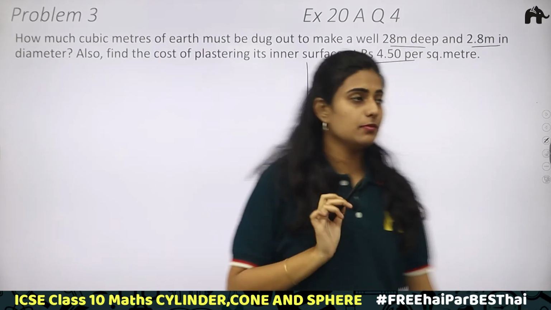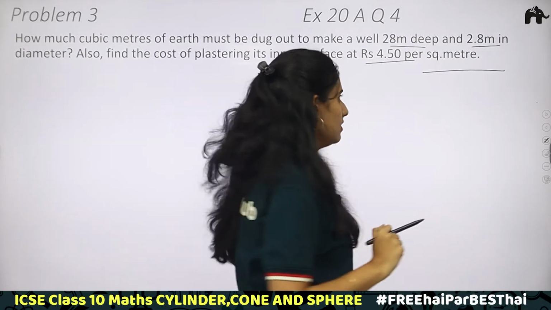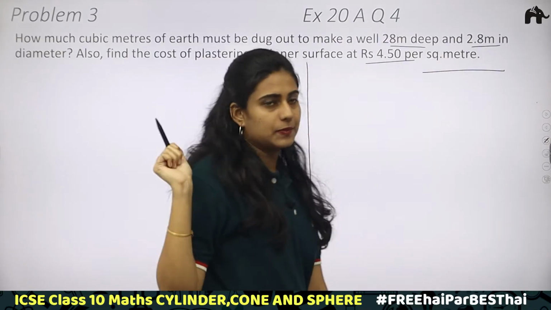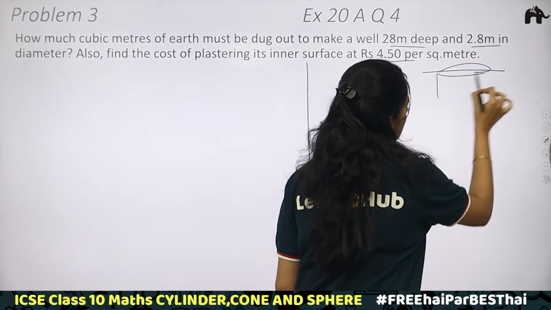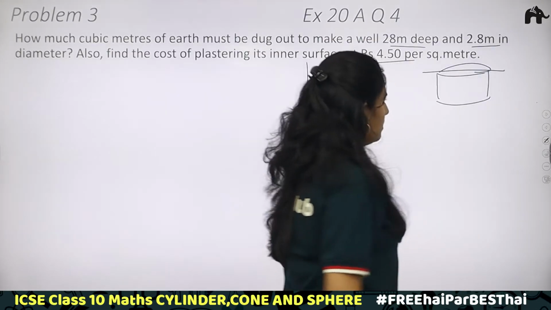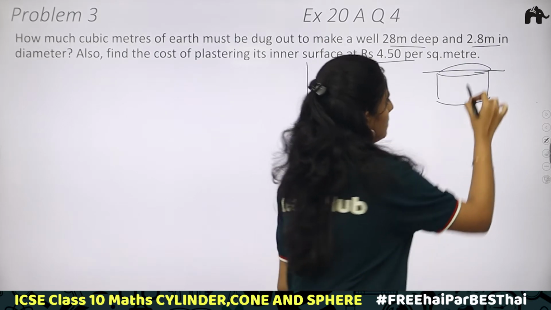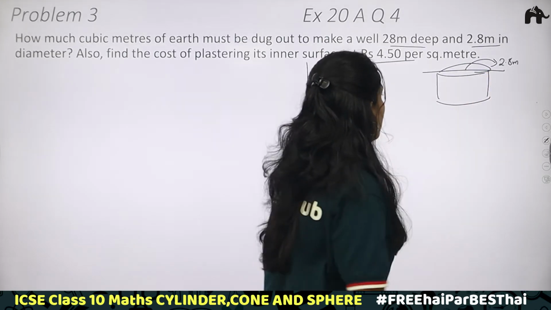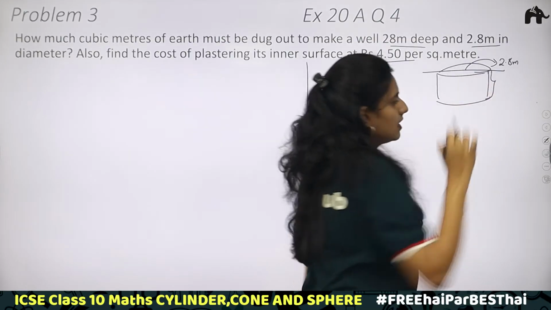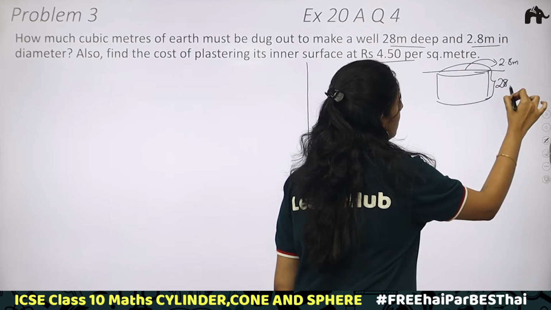Okay, here from the earth surface, we are going to dig a well which is cylindrical in shape. The diameter is given. Let us consider this to be our well. Diameter is 2.8 meter. And the depth is given, which is 28 meter.